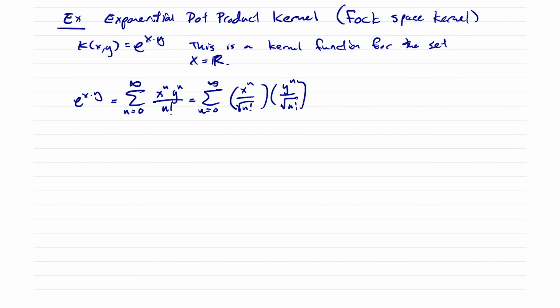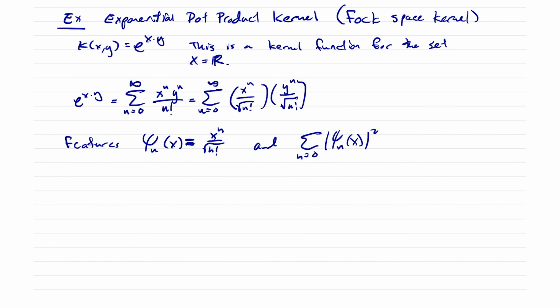And so then we have features: psi_n(x) ends up being x^n over square root of n factorial, and the sum of psi_n(x) squared, n equals 0 to infinity, is the sum of x^(2n) over n factorial.